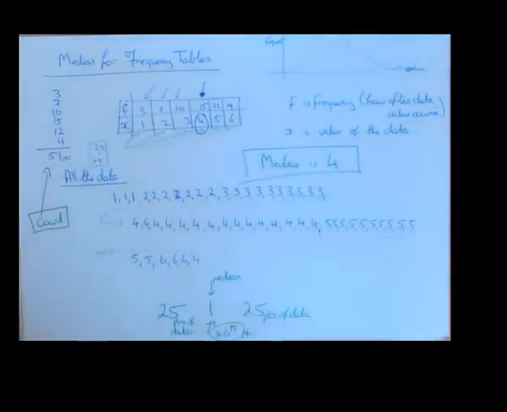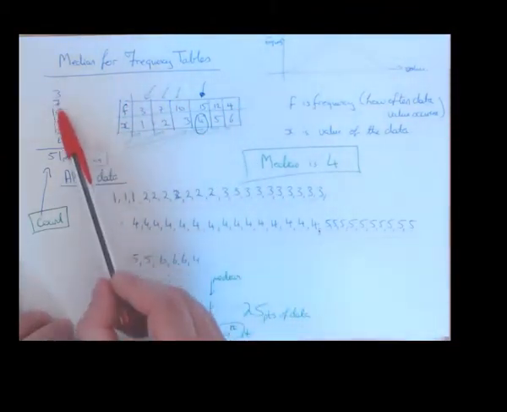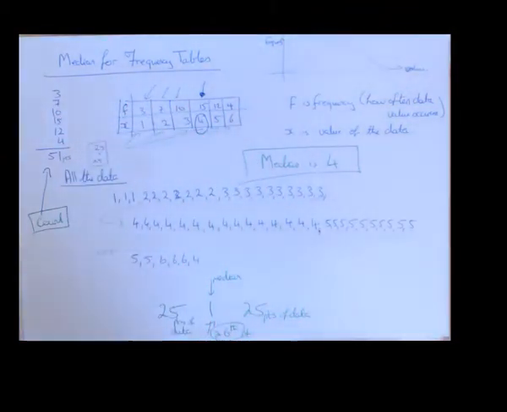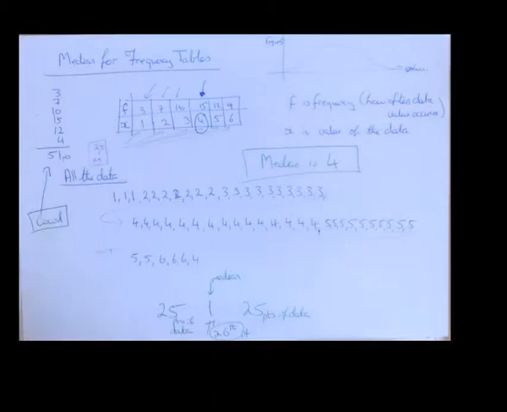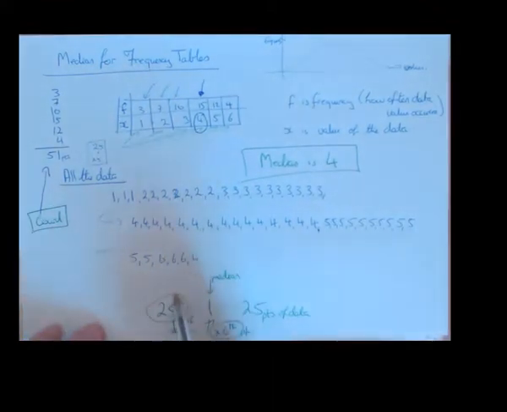Let's revise how we did this. Step 1, we added up the frequencies to find out how many points of data we had. 3 points and another 7 points of data and another 10 points of data and another 15 points of data, another 12 and another 4 was 51 points of data. We know that we want the 26th point of data, so that there's 25 numbers smaller than our median and 25 numbers bigger than our median.